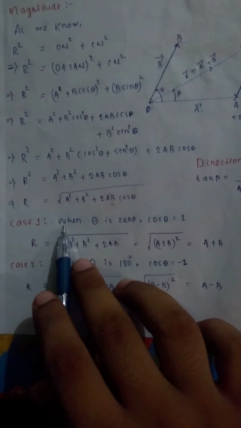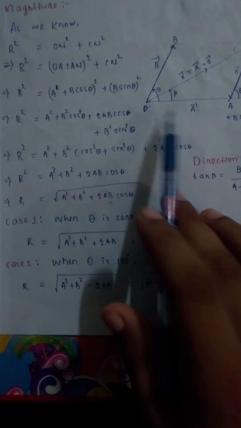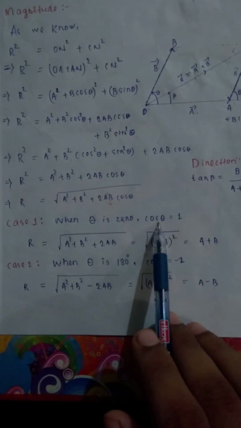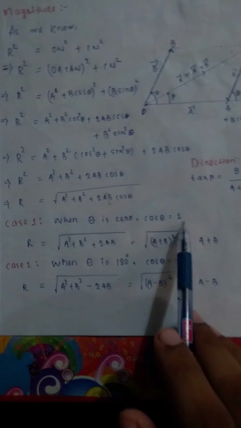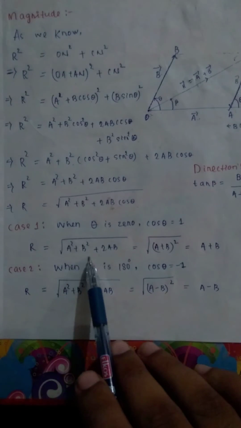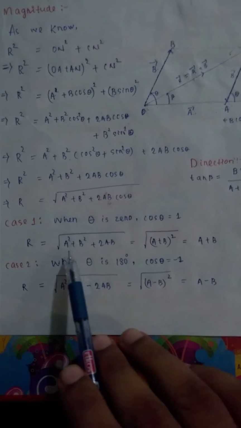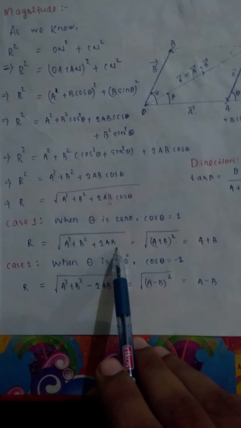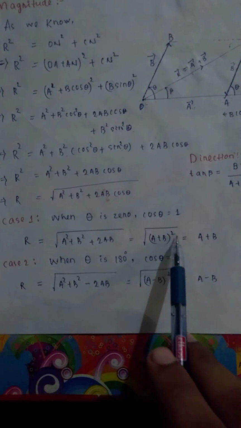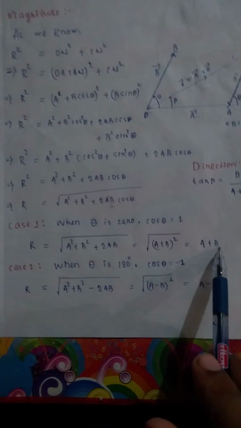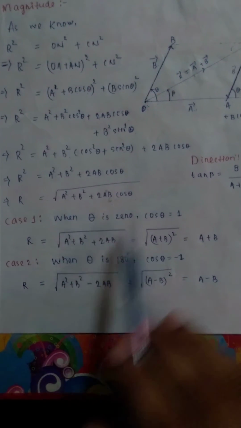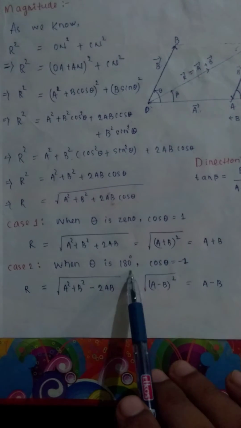In case 1, let us consider the angle between A and B to be 0. So cos theta, that is cos 0, is equal to 1. So R equals under root A square plus B square plus 2AB into 1, that is equal to under root A plus B whole square, that is equal to A plus B. Similarly, in case 2, let us consider the angle between A and B to be 180 degrees.